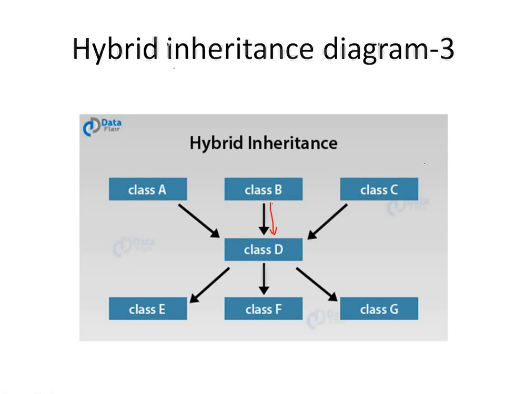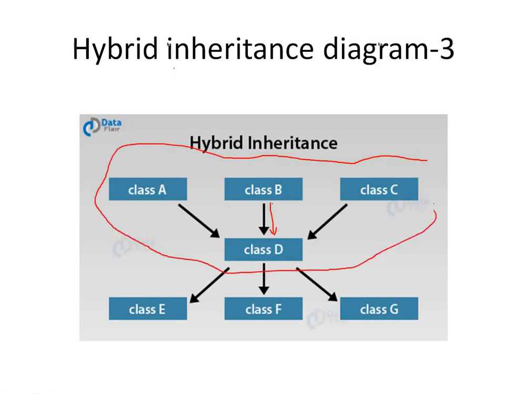But if you follow this part in the diagram, this is a multiple inheritance. What is multiple inheritance? Multiple inheritance is one which contains two or more number of the base classes.